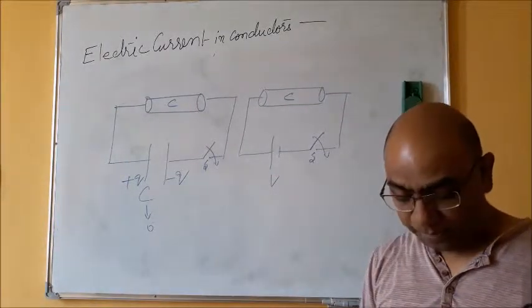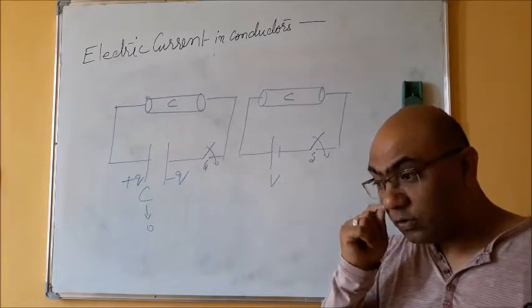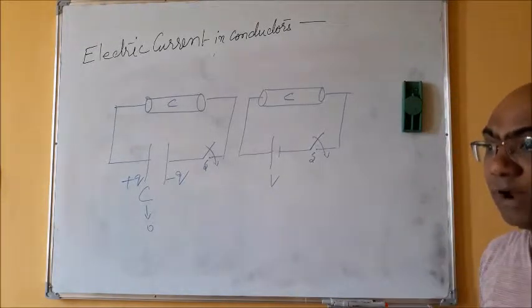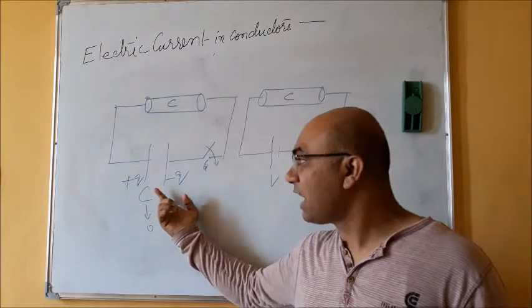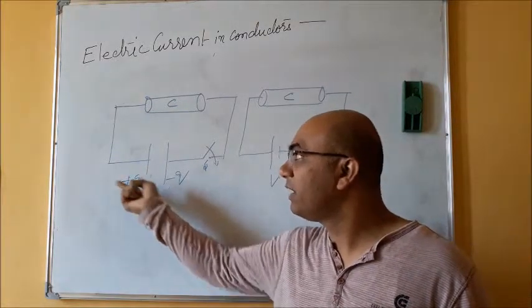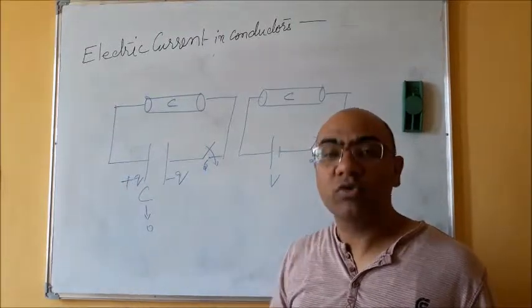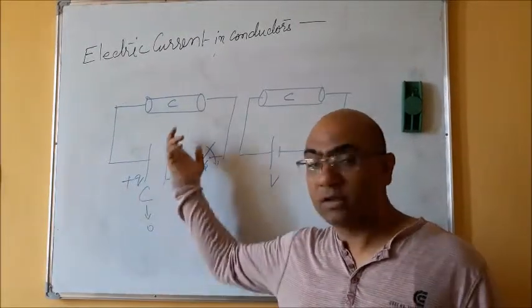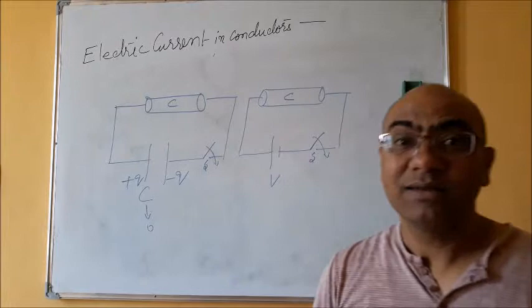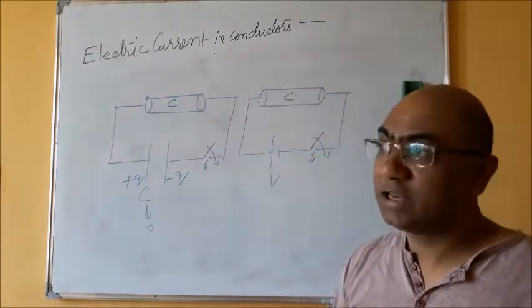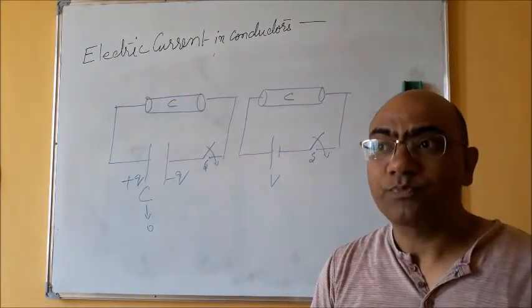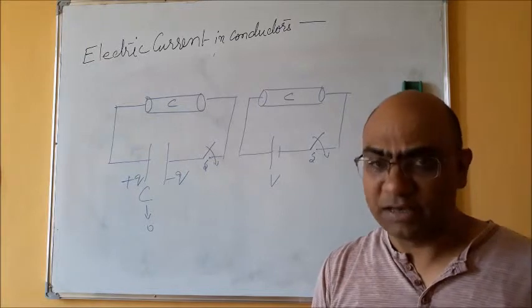Is it clear? Now the question can come to your mind: if these charge particles move from here through the conductor, and after some time there is no current, what is going on here? You can understand that when current flows in any conductor, it dissipates energy.